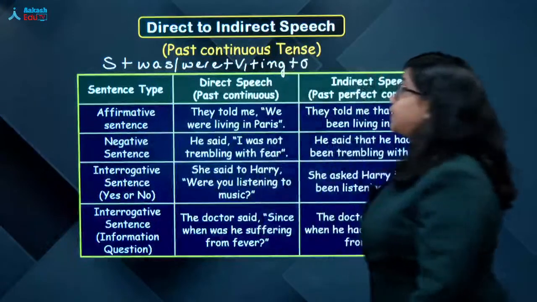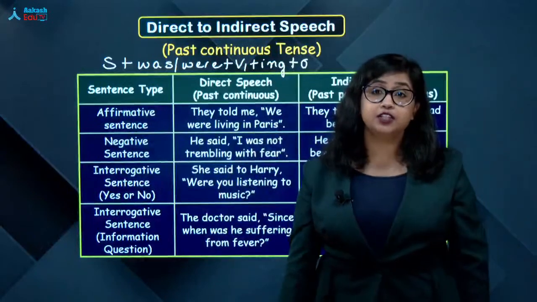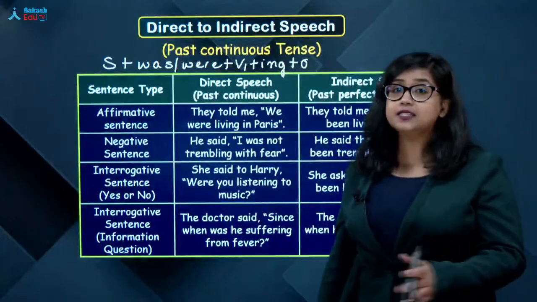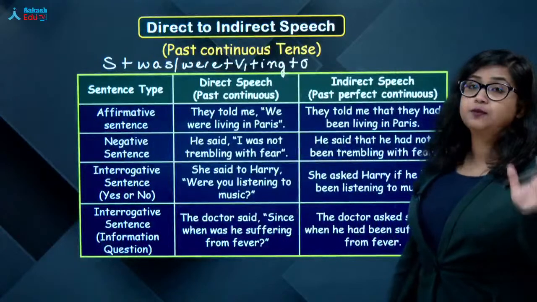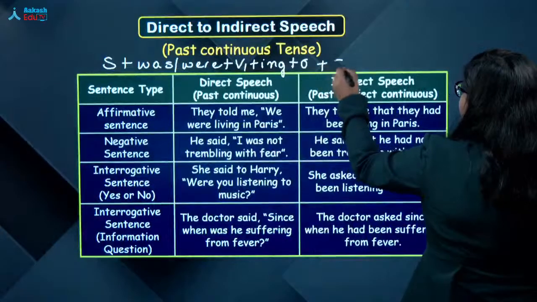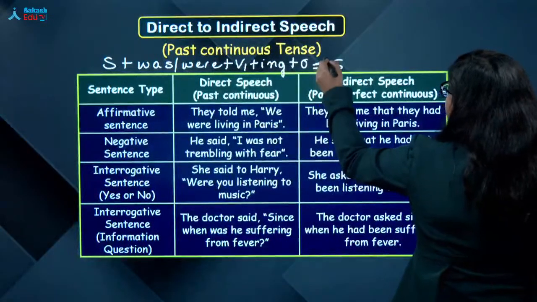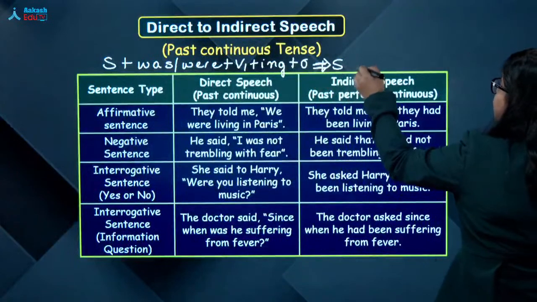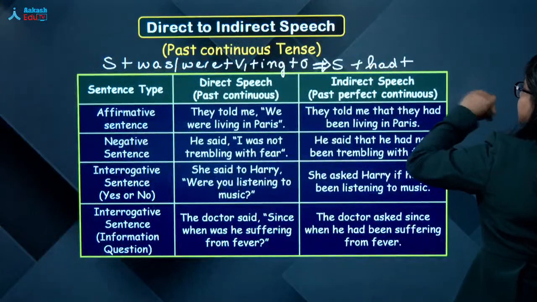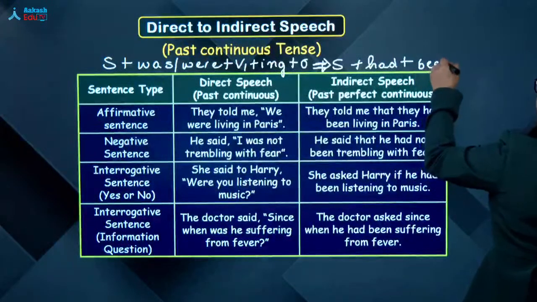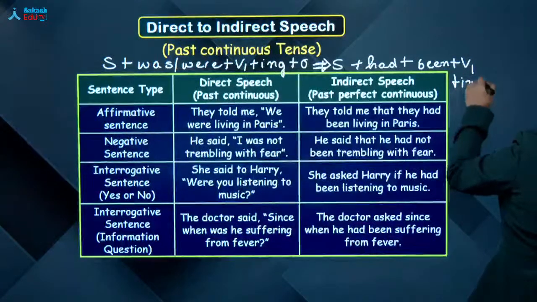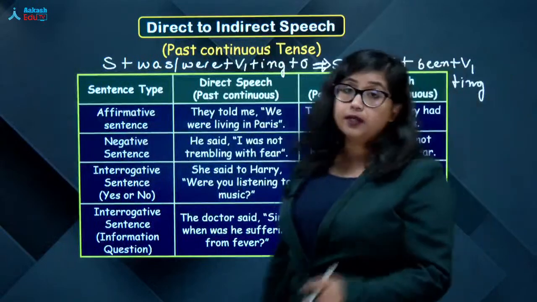Please remember, when we change a direct speech past continuous tense into an indirect speech, then the sentence will be in past perfect continuous tense. That is, you will use your subject followed by had plus been plus V1 plus ing. Alright. So, this is how we do it.